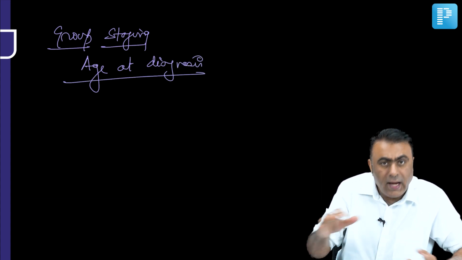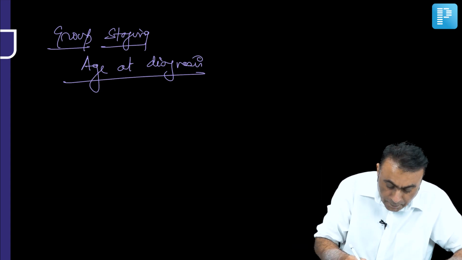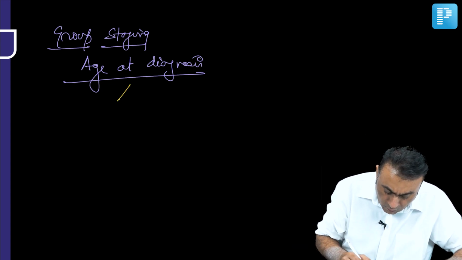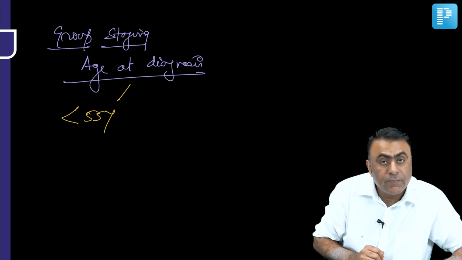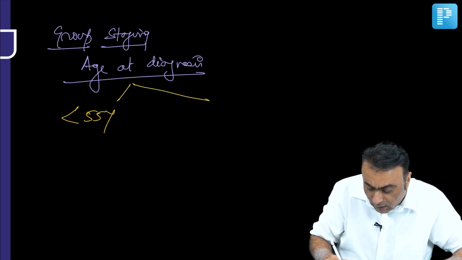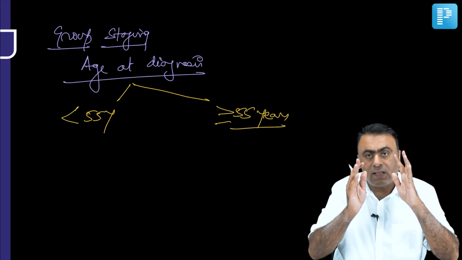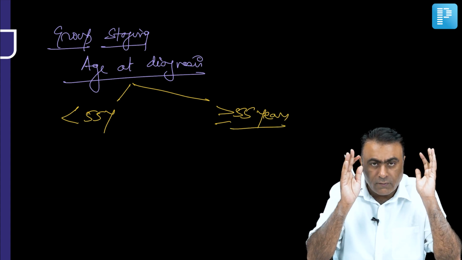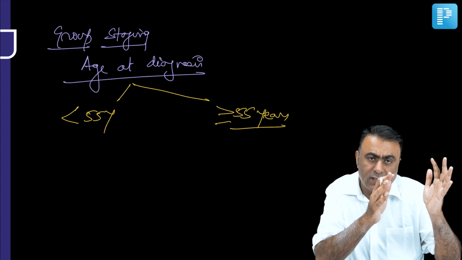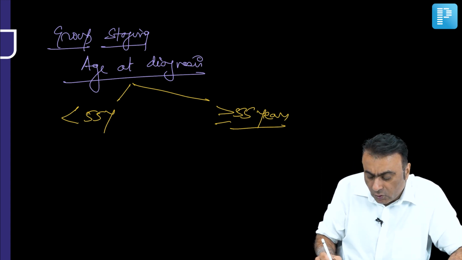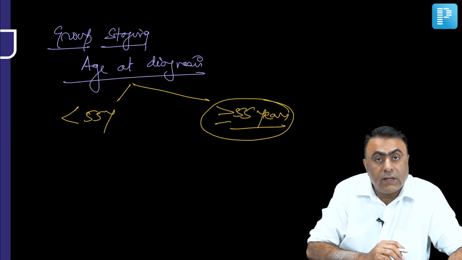Okay. So we divide patients into two groups. Patients who are of an age of less than 55 years and patients who are of an age of 55 or more than 55 years. So group staging is divided into two groups. One is for patients of an age of less than 55 years and one for those who have an age of 55 or more than 55 years.